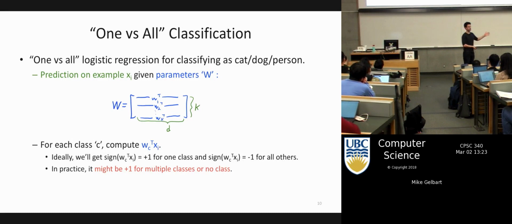So sure, we can just take the biggest score without thinking about it too much, but what if we actually get something positive multiple times? We can still take the maximum, and that'll work, but it's maybe a little worrying that it might think it is a cat when it is a dog, and then I'm just going to pick one of them.